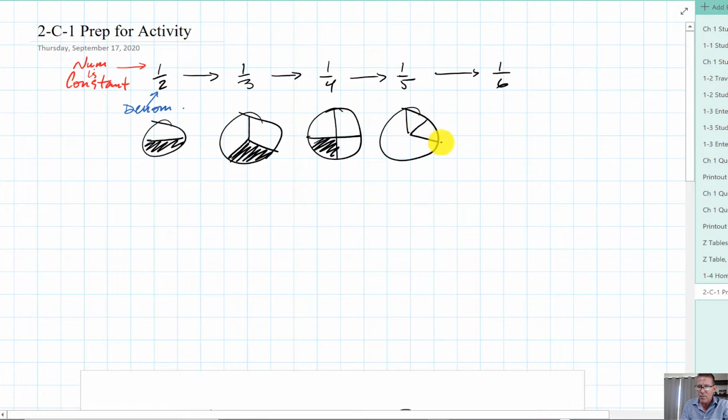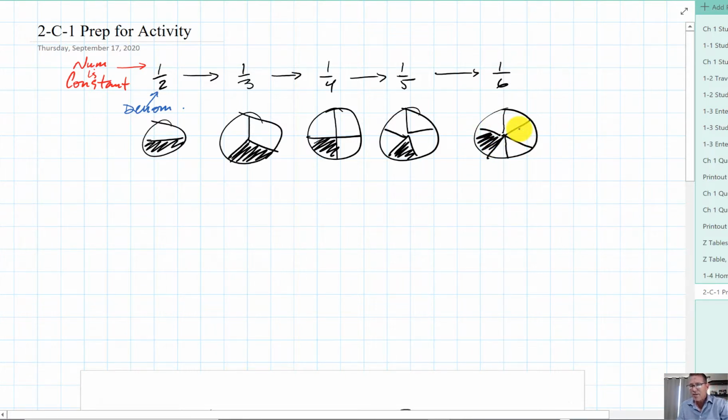Then 1/5, it's a little bit more challenging, but try to divide it into 5 equal parts. That's not good enough. It should be equal parts. That's a little bit better. There's 1 part out of 5, and then 6. Draw the Mercedes symbol and then just divide them into 6, or bisect them. So here's 1 part out of 6.